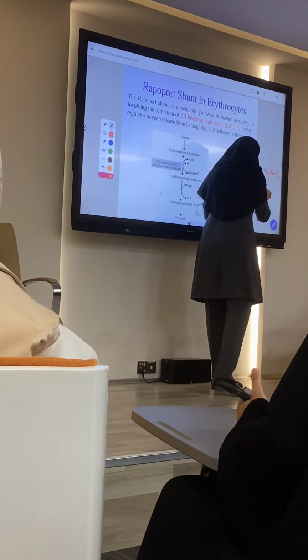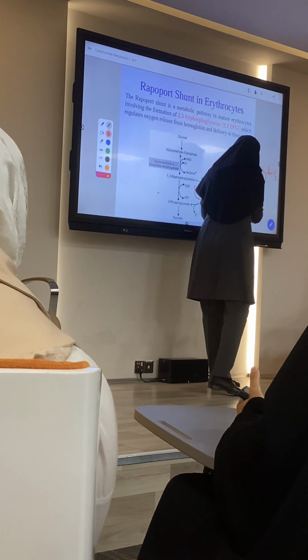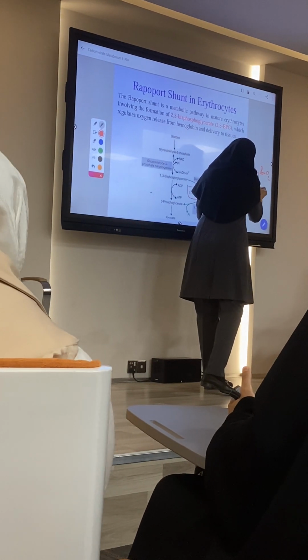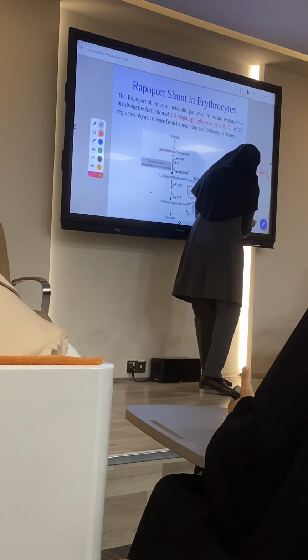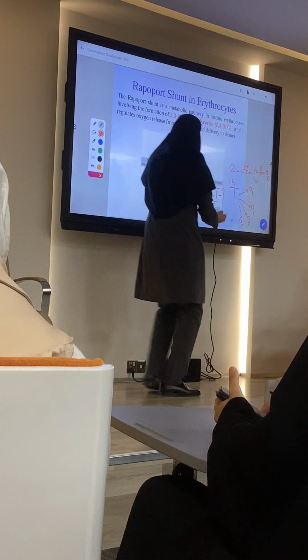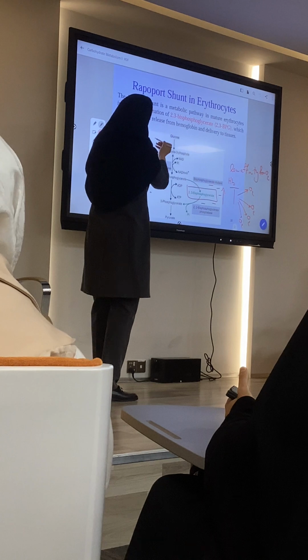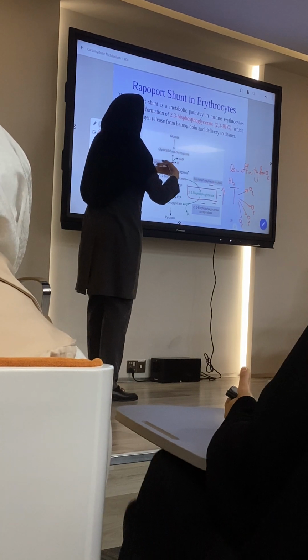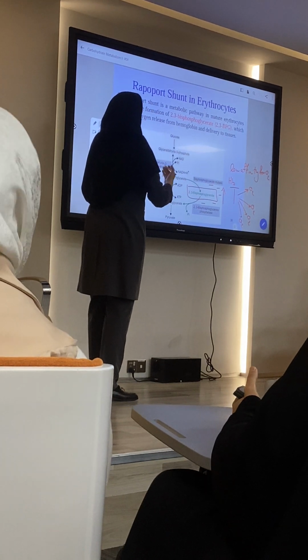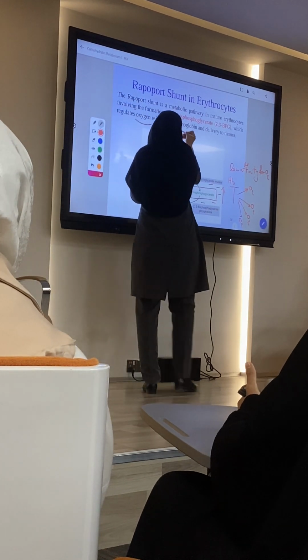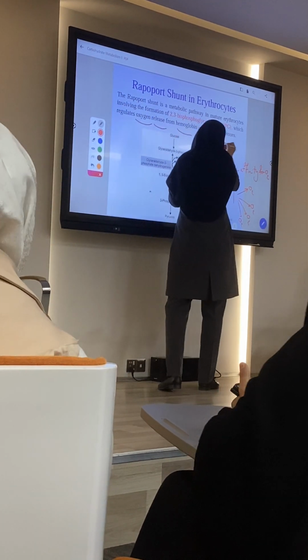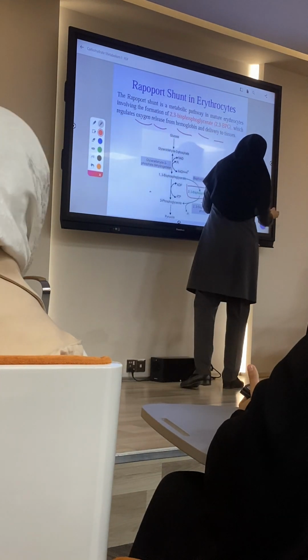It means that the hemoglobin, in the T form, releases oxygen very easily. Whenever you have a requirement for oxygen, it can release from hemoglobin and deliver it to the other tissues.